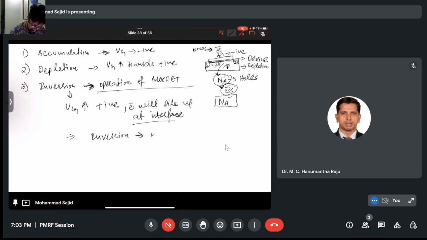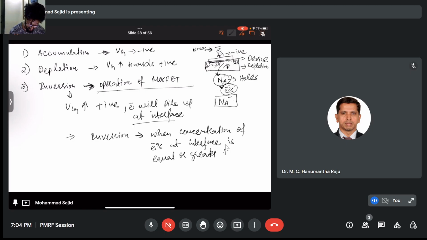It is when the concentration of electrons at the interface is equal or greater than the majority carriers. Here for NMOS, majority carriers are holes, right? P substrate. So this is inversion.